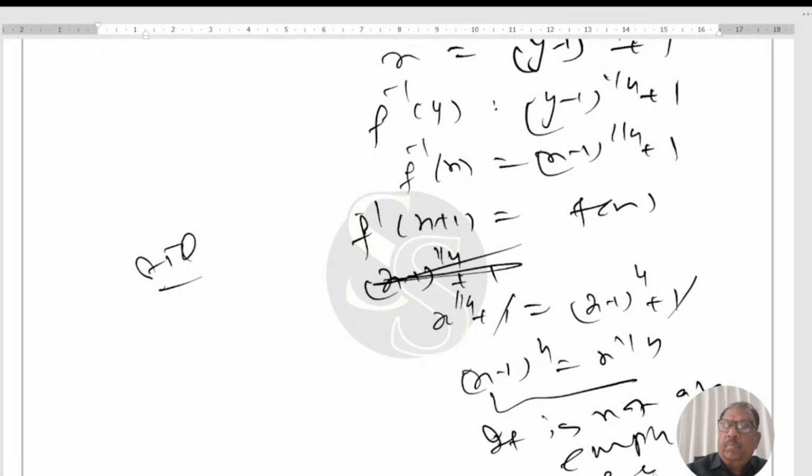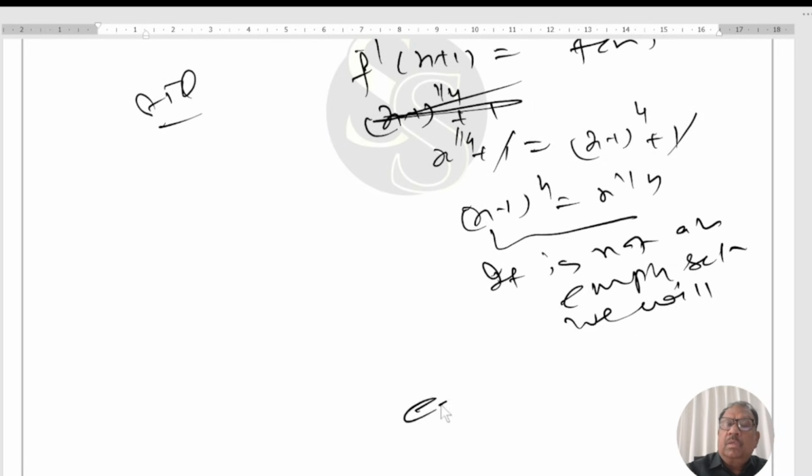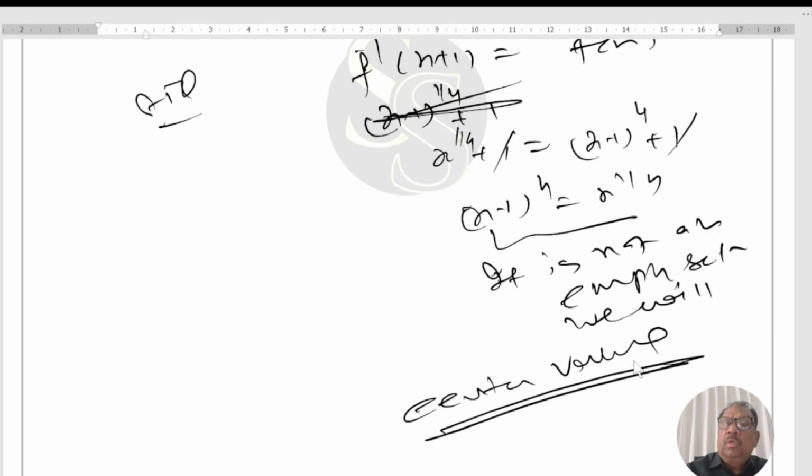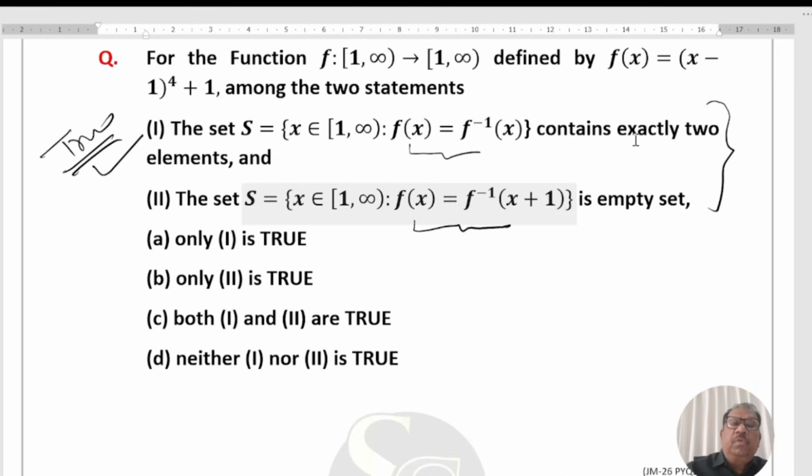We will get certain values. Therefore, it is false. Statement 1 is true. Statement 2 is false. Both are true, neither one or not true. Only 2 is true. A is the correct option.